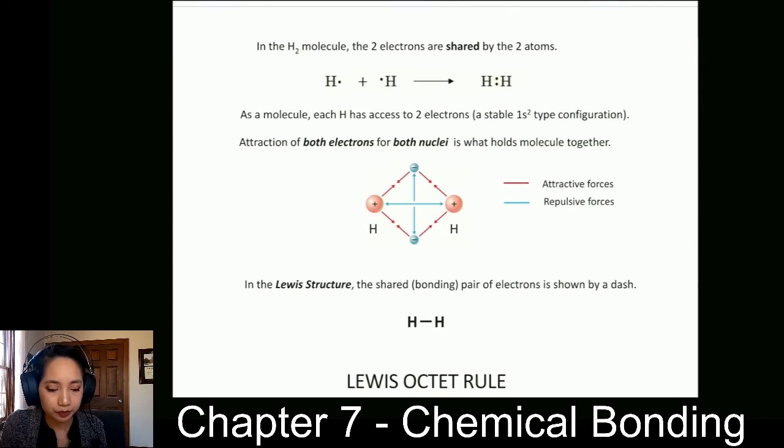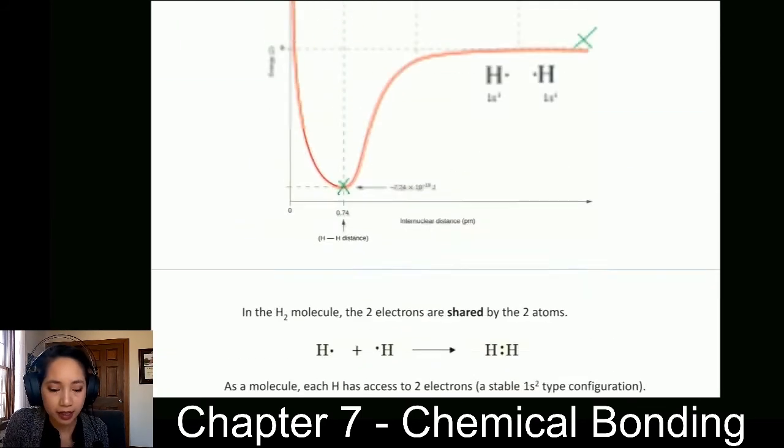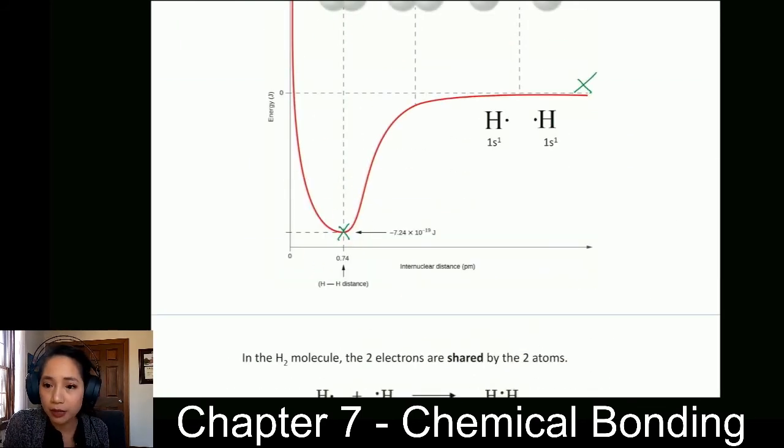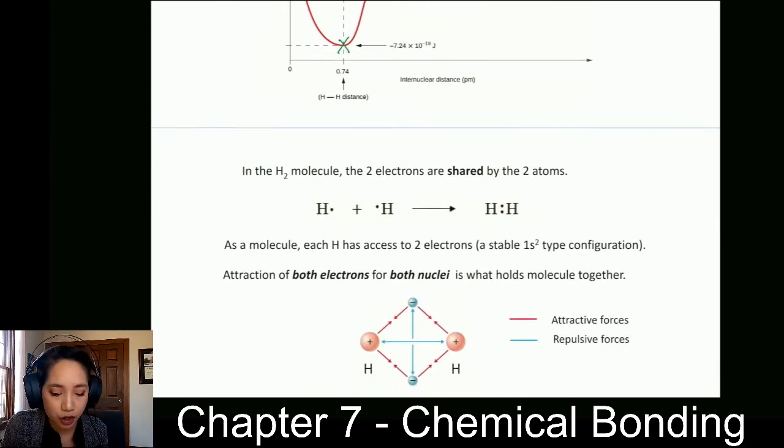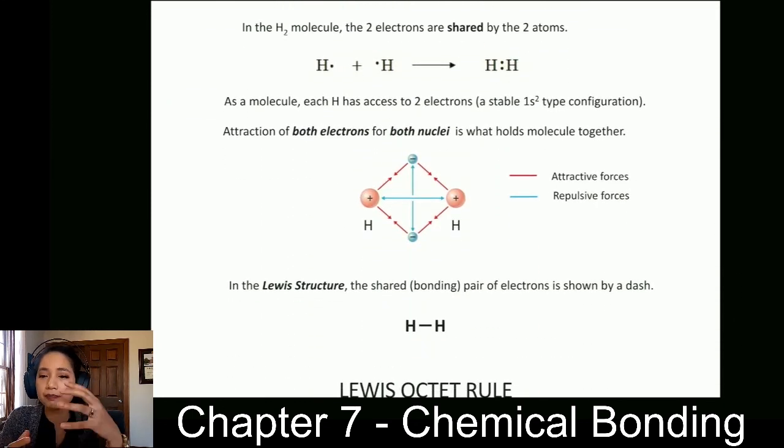So that's what this slide is showing: the minimum energy that you see, the typical bond length you would expect in a hydrogen molecule, is when you have balanced the attractive forces between protons and electrons of your 2 hydrogen centers, while minimizing repulsive forces between the 2 hydrogen nuclei, because you don't want them too close to one another, or they'll start to repel since they're both positively charged, and minimizing repulsive forces between the 2 electrons involved in this chemical bond.